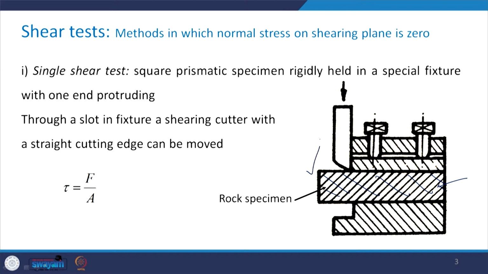That means this end is protruding and this end here it is fixed rigidly. Now, through a slot in fixture, a shearing cutter with a straight cutting edge can be moved. Look at this, this is your cutter. There is a slot here and you apply the force from here, and the specimen will be cut along this plane.